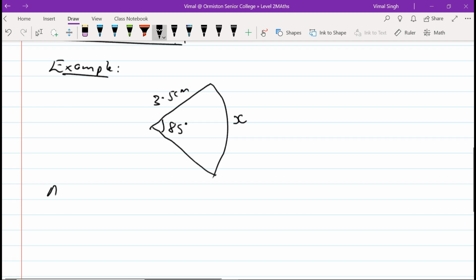So arc length is given as 2 times pi times the radius, which is 3.5, times theta, which is 85 degrees, divided by 360.